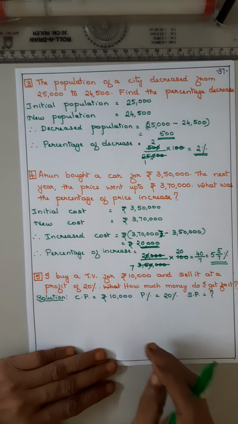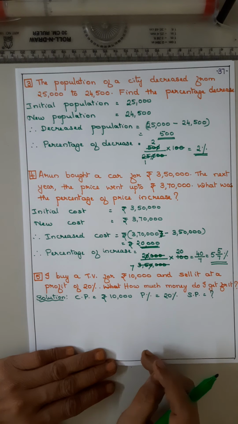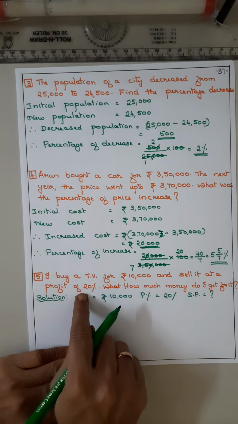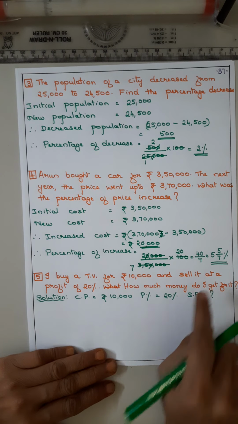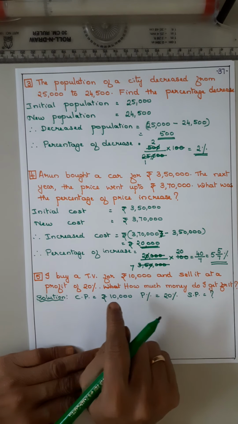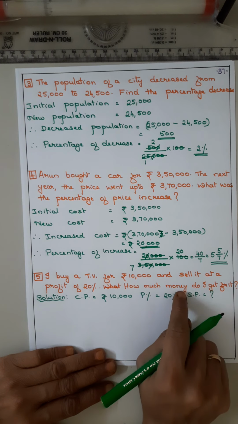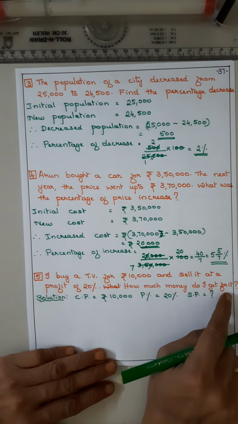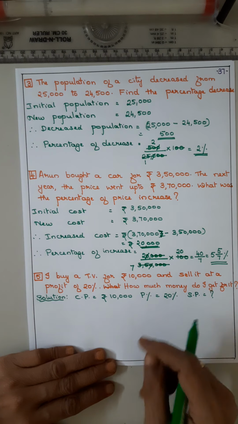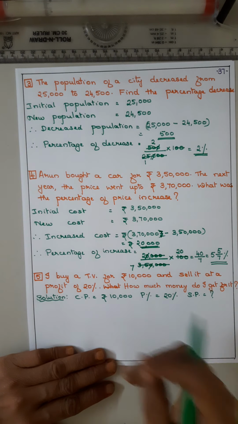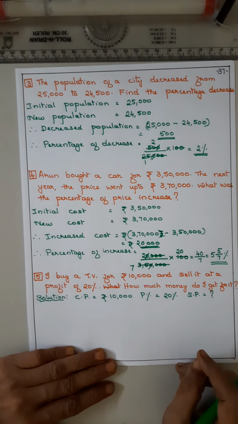He sells means बेचना. बेचने का कितने का वो दिया नहीं है. प्रॉफिट परसेंट 20% में बेच दिया. Now how much money do I get for it? मतलब मैं उसको बेचूंगा तो कितना मिलने वाला है. So that is the selling price.